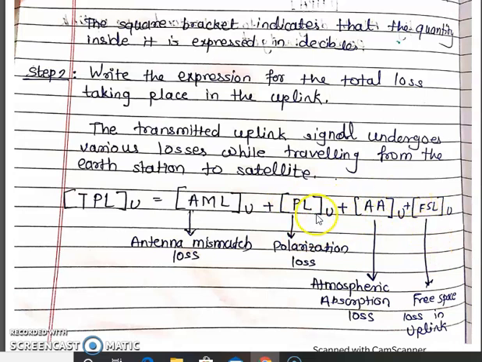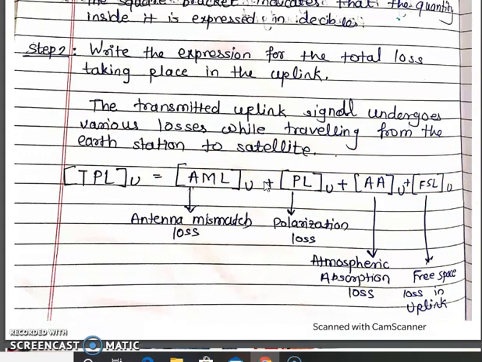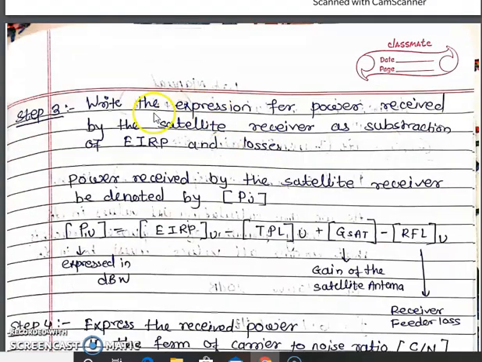The TPL considers all these losses. Step 3: write the expression for the power received by the satellite receiver as a subtraction of the EIRP and the losses. The power received by the satellite receiver, expressed in dBW, is the EIRP minus TPL minus GSAT minus RFL, where RFL is the receiver feeder loss.